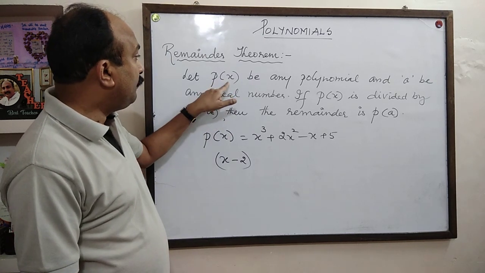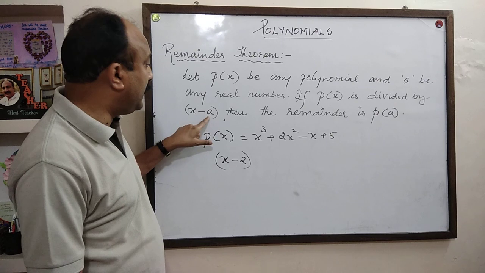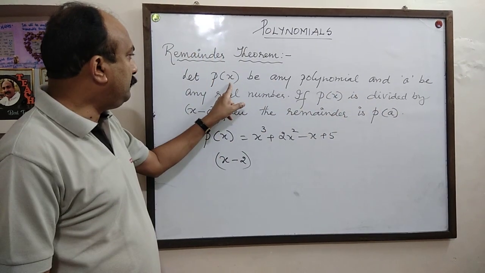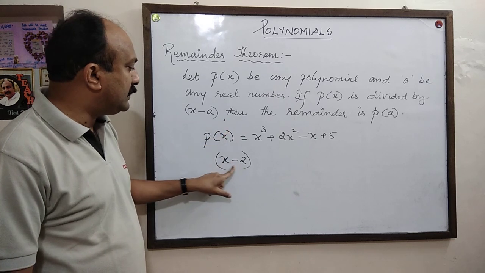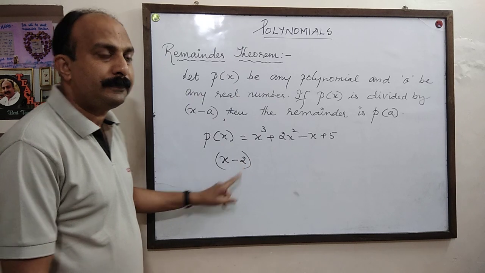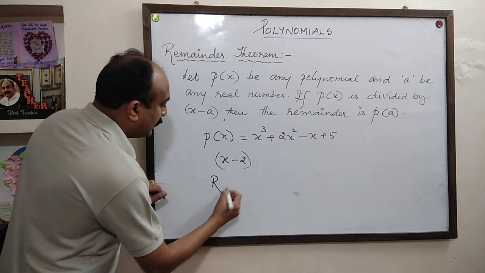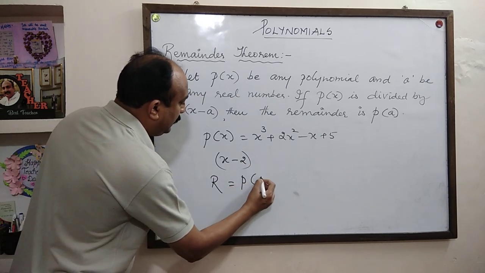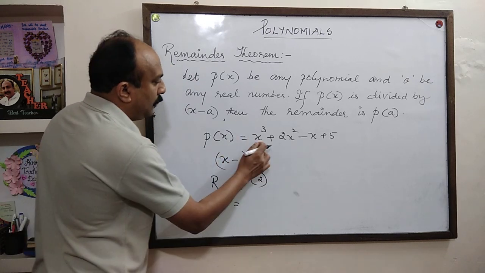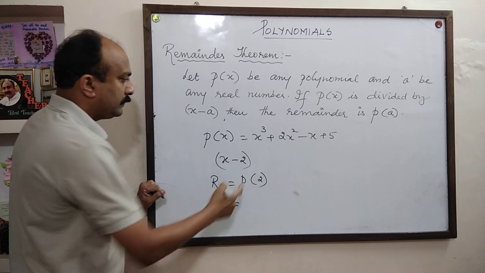Now look here. When P of x is divided by x minus a, remainder is P of a. So when P of x is divided by x minus 2, the remainder will be P of 2. Now what do you mean by P of 2? All x will become 2.